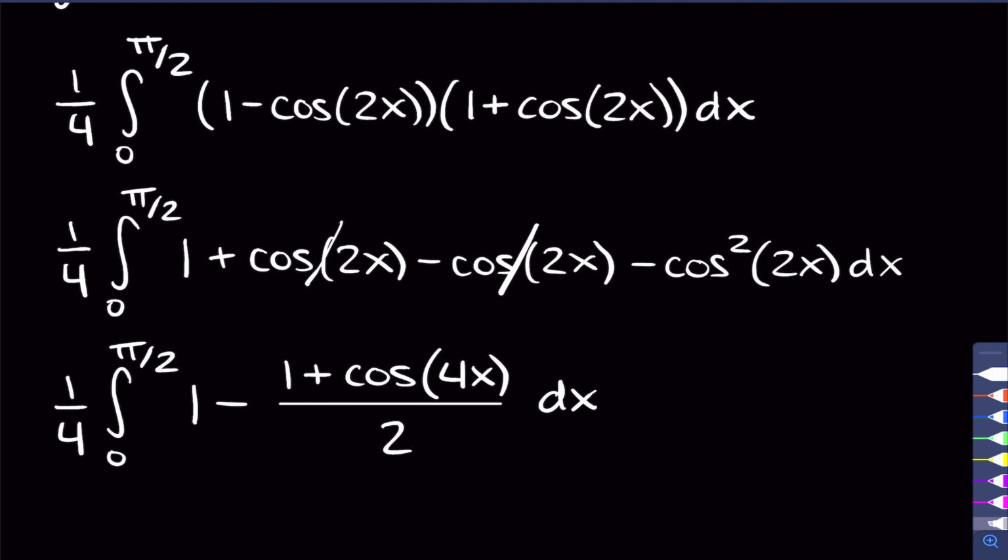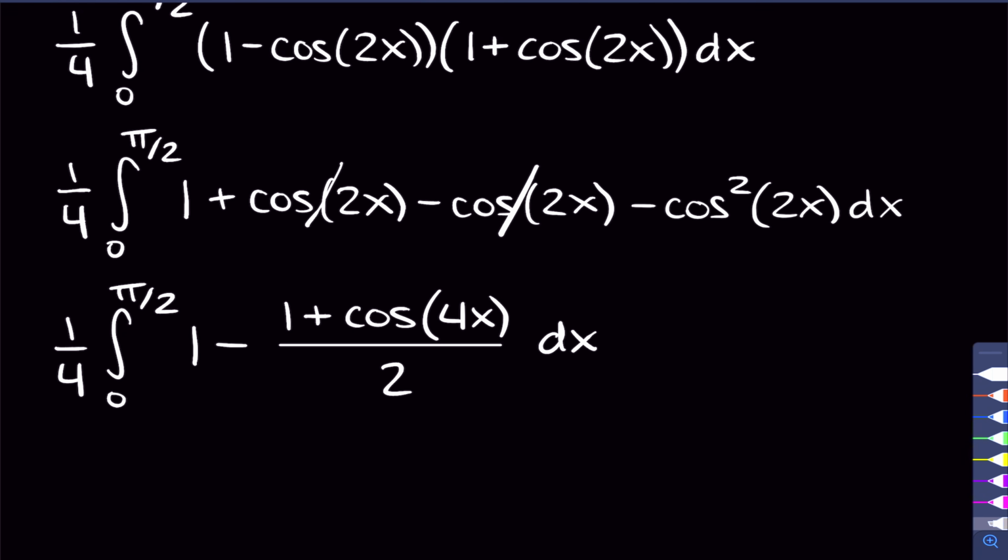The reason we need to do that is because we can't integrate a cosine squared. So we're forced to use the half angle identity once more, and the only place where people really get tripped up here is that they forget to double this angle again. Whenever you use the half angle identity, that angle that I have highlighted here has to get doubled. So just make sure you put a 4x there. But yeah, we're all good to go here.